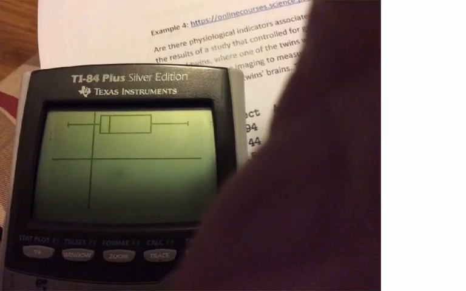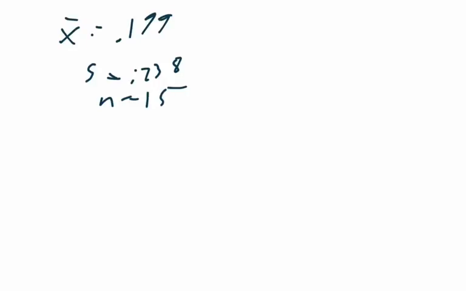There's a little bit of skewedness, but not much. And there's no outliers, so I'm going to say approximately normal. So let me do the one variable stat. And it turns out that X bar equaled 0.199, sigma was 0.238, or standard error, I should say, and we had n equal to 15.